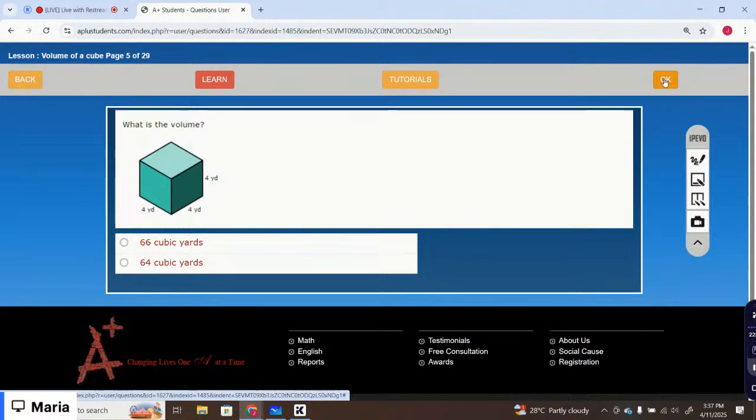What is the volume? The volume is 4 times 4 times 4. That is 64 cubic yards. Option number 2 is the correct option.